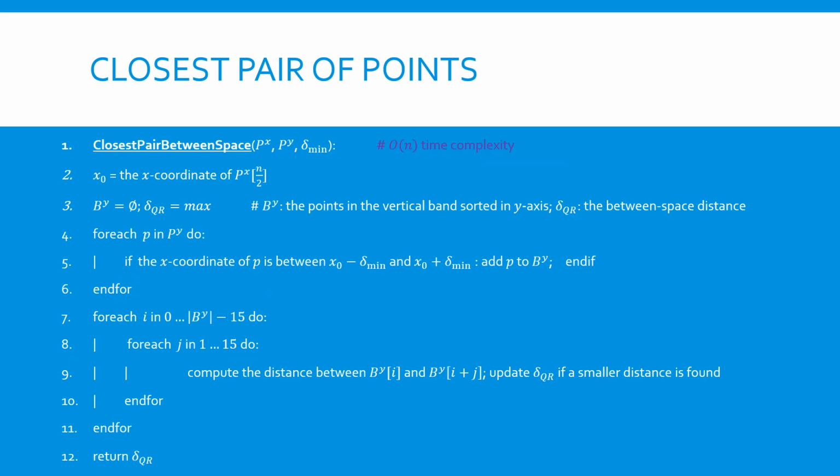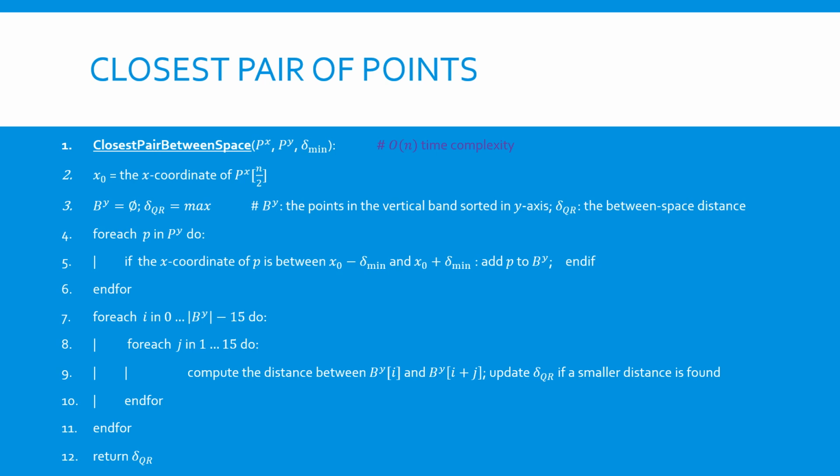Here is the pseudocode for the function closest pair between space. In lines 4 to 6, we check each point in Py to see if they are within the range x0 minus delta min to x0 plus delta min. If so, the point is added to the set By, which stores points within the vertical band.